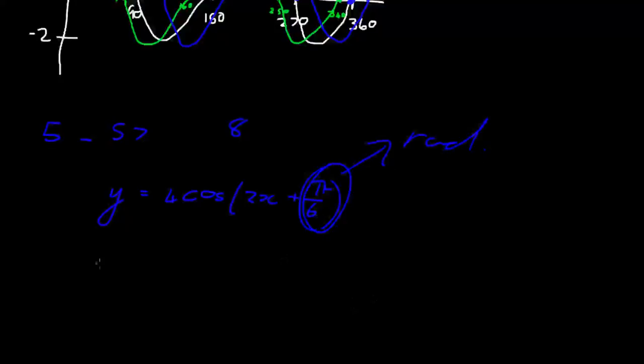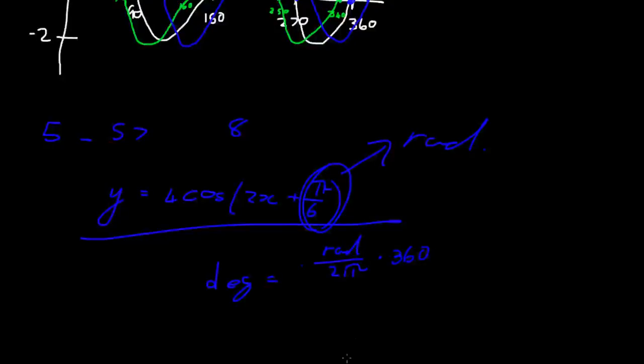So either you do your whole graph in radians, or you can convert it to degrees and draw it in degrees. Completely up to you. Pi over 6 radians, you would convert that to degrees by saying degrees equals radians over 2 pi times 360. Pi over 6 is, I believe, 30 degrees.